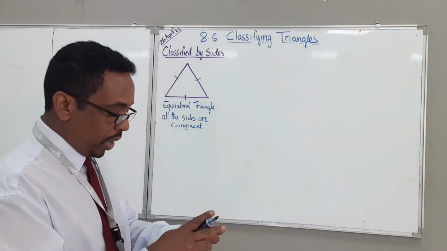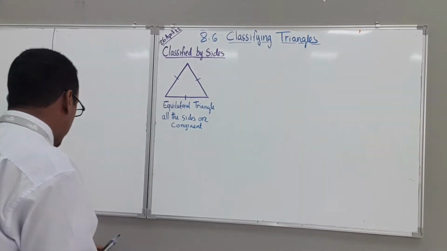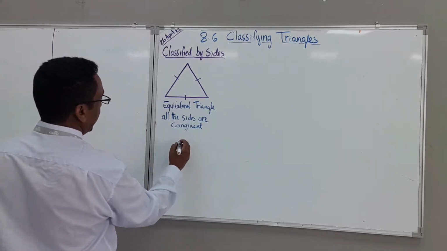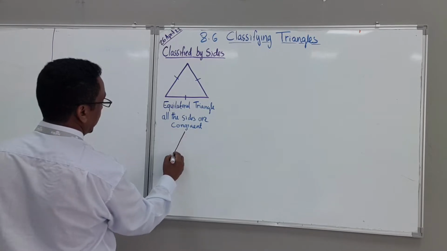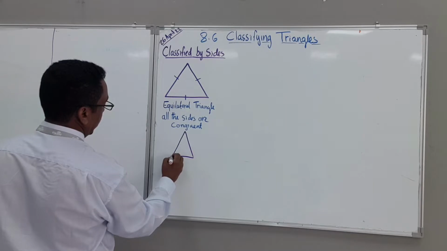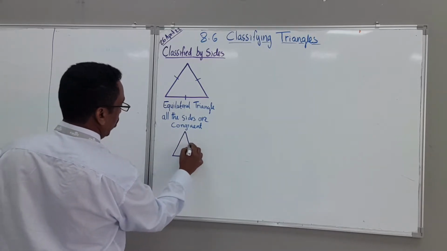The second triangle we're going to learn today is called isosceles. An isosceles triangle has two sides that are the same. For example, we have one like this. At least two of the sides are equal or congruent.